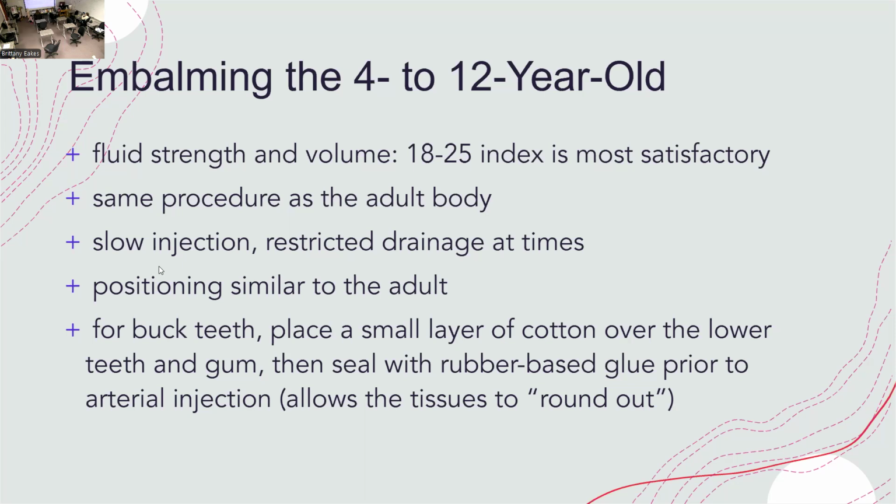The major injection and drainage sites are the common carotid and internal jugular and the femoral artery and vein. This age group is also usually autopsied, so sectional embalming or 6-point may be necessary. The abdominal aorta would not be used in this age group.